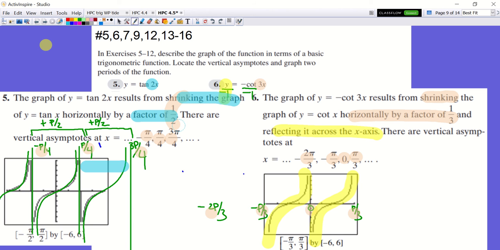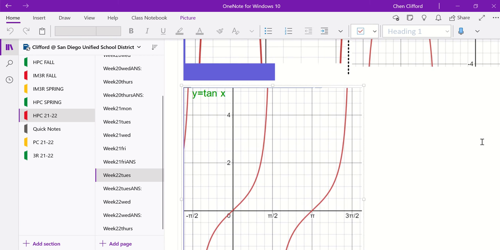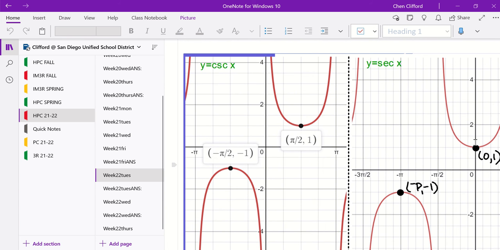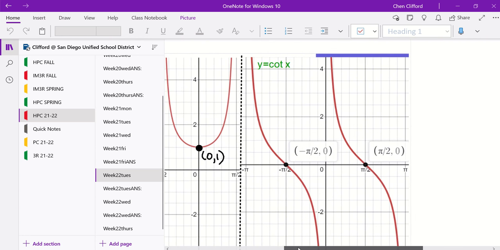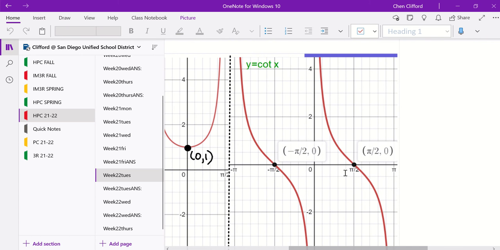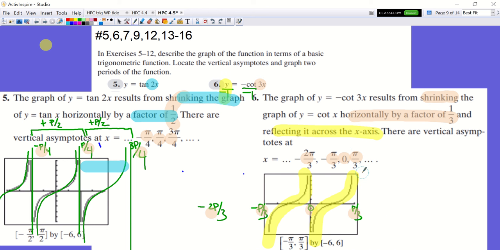Now for the cotangent over here, it's a similar logic. If we go back to OneNote, cotangent, here is our parent function, and here's our x-axis and y-axis.